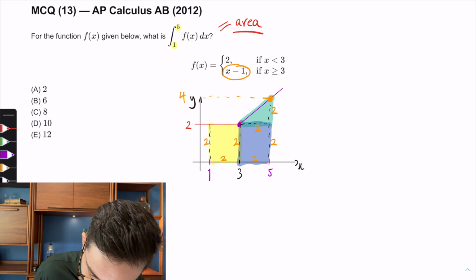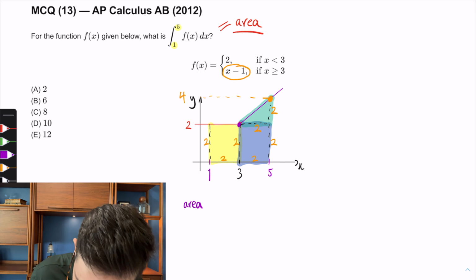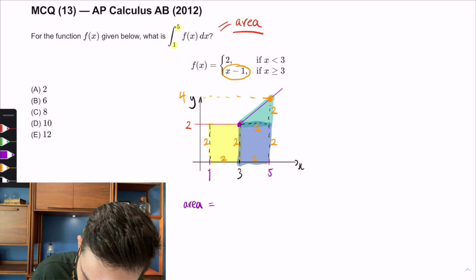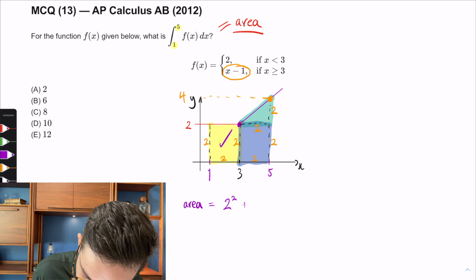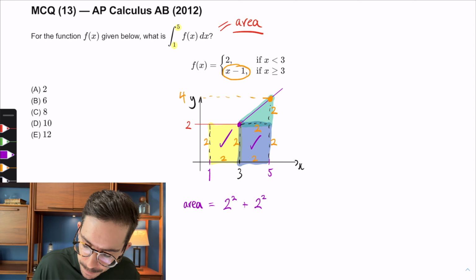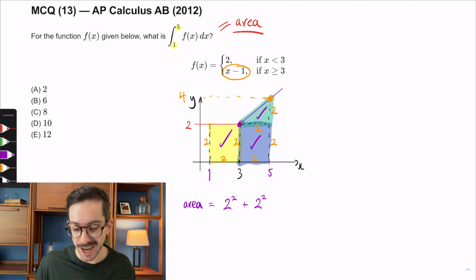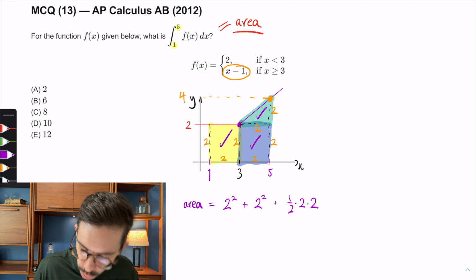So the integral, which is my area, is simply going to be the area of my yellow square, so that's 2 squared, plus the area of my blue square, that's also 2 squared, plus the area of my triangle, which will be a half, times the base, times the height, 2 and 2.